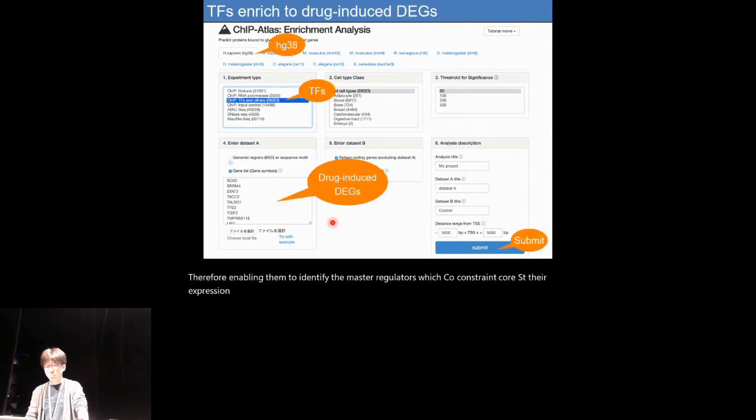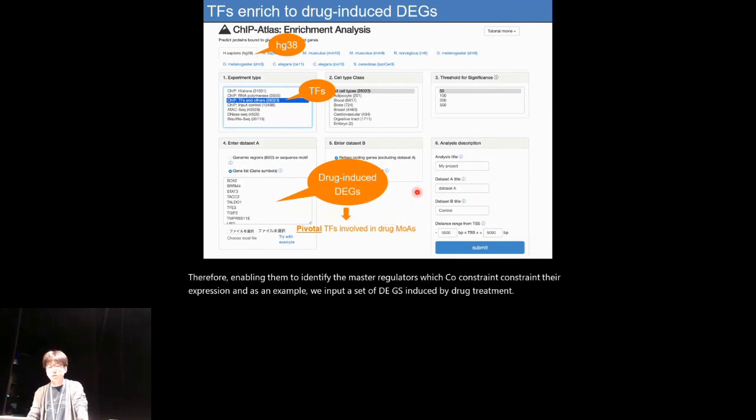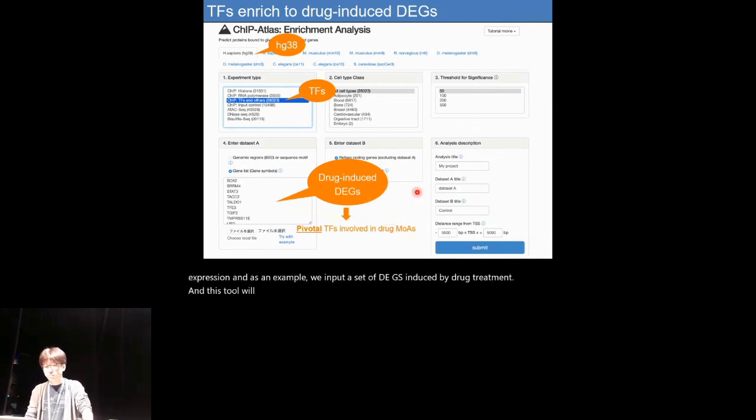As an example, we input a set of DEGs induced by drug treatment. And this tool will enable us to find TFs enriched to the promoters of these DEGs, and these TFs should be TFs that play pivotal roles in the drug modes of action.